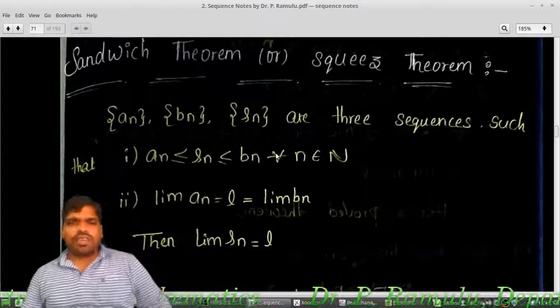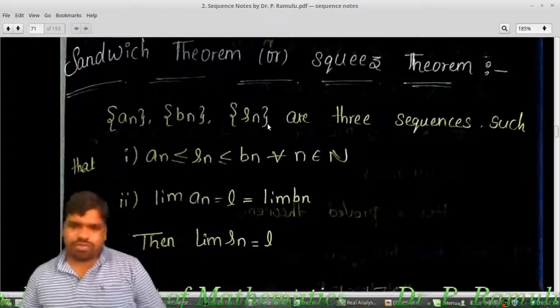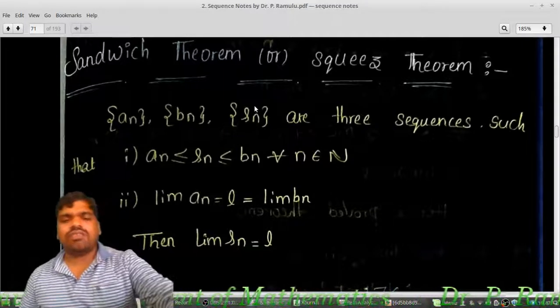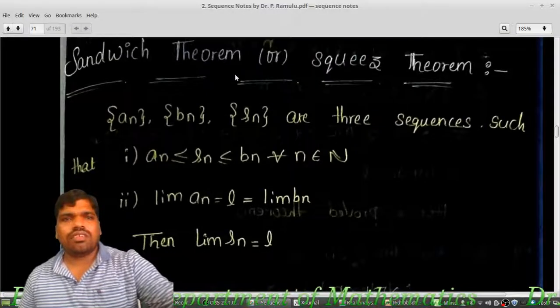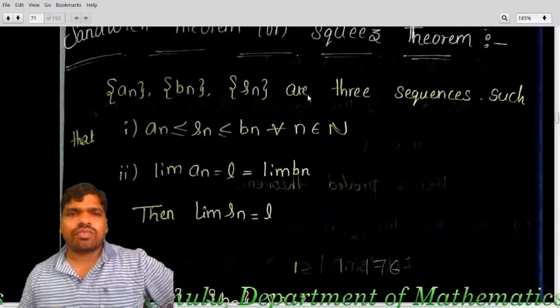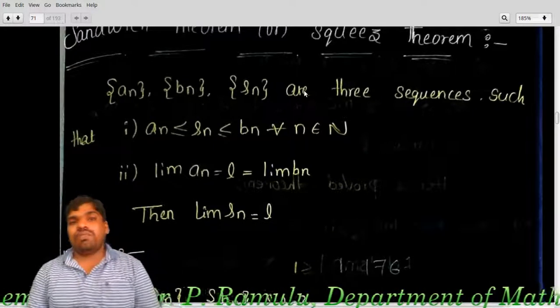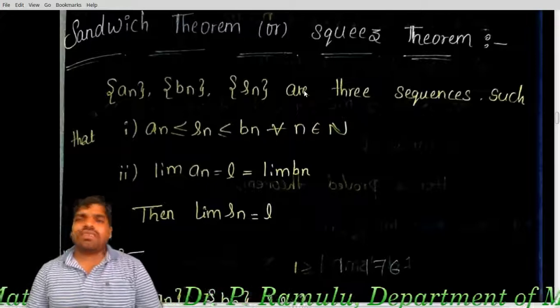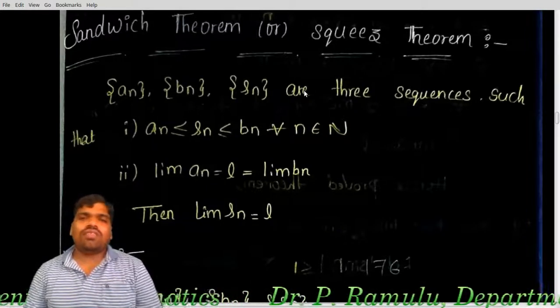So the statement I am taking differently here, with the same properties. Here I am taking an, bn, sn as three sequences such that an is less than or equal to sn, less than or equal to bn for all n.